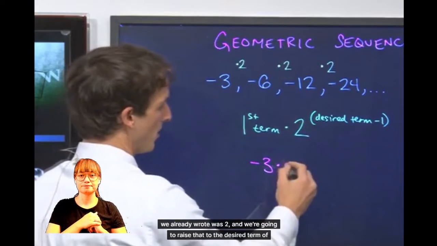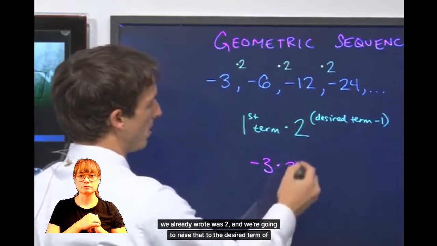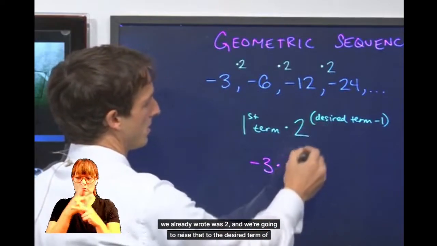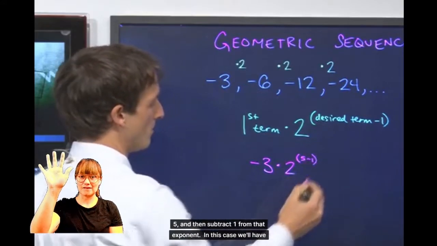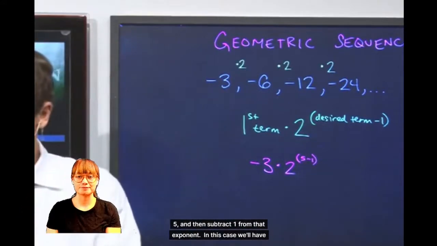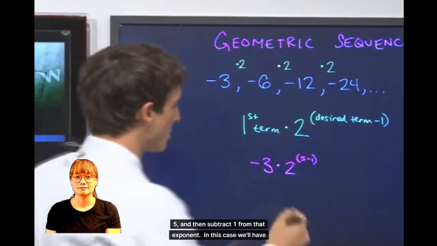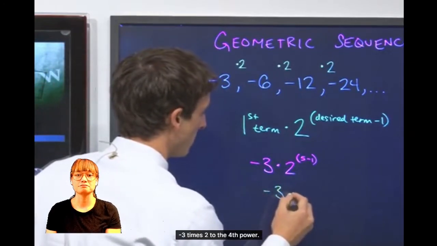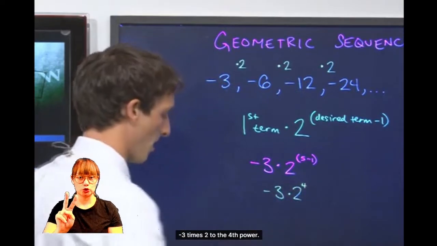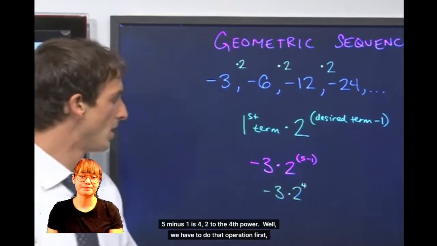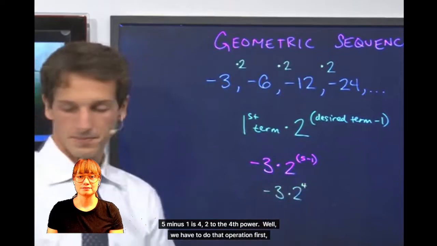The ratio we already wrote was 2, and we're going to raise that to the desired term of 5 and then subtract 1 from that exponent. In this case, we'll have -3 times 2 to the 4th power. 5 minus 1 is 4.